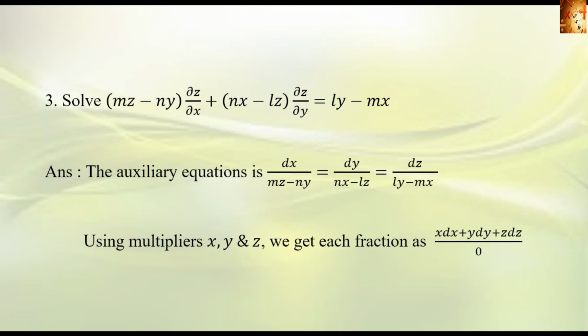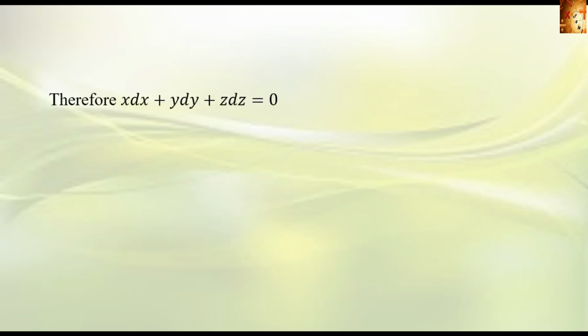While using the multipliers, if you are using L, M, N, then the equation becomes L dx plus M dy plus N dz divided by L capital P plus M capital Q plus N capital R. So here we get x dx plus y dy plus z dz divided by 0. So here the denominator is 0. Then we can equate the numerator to 0. That's the rule. So x dx plus y dy plus z dz equal to 0.